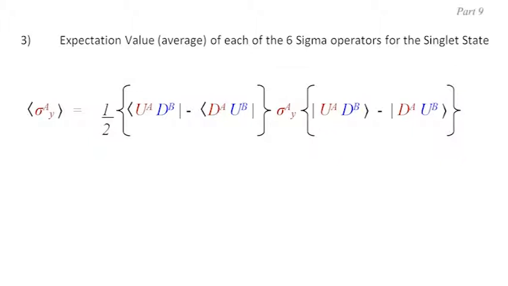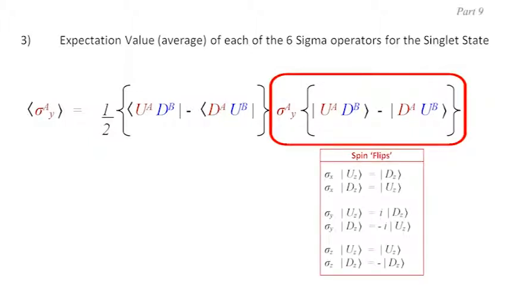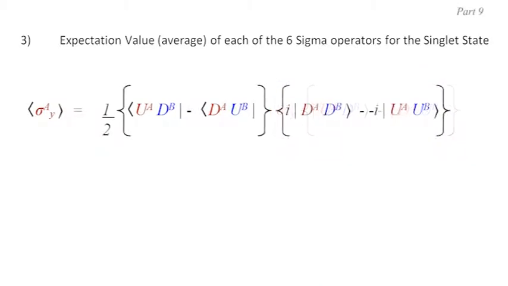We need once again to evaluate the operation of the sigma AY on the state. Remember that sigma AY flips the A electron but throws in an I and a minus I, so we get this expression. Once again, however, all the bra vectors on the left are orthogonal to those on the right, and so the answer is 0, regardless of the presence of the I's and the different things.